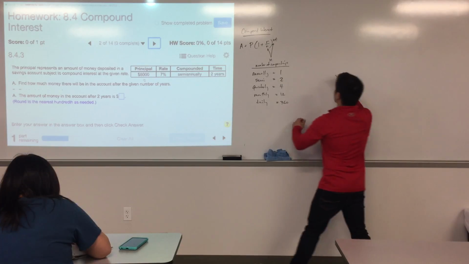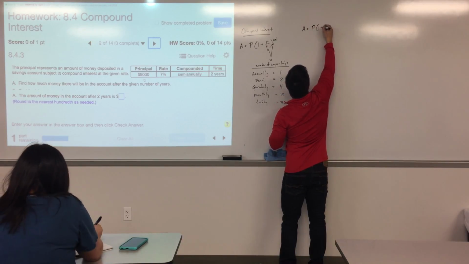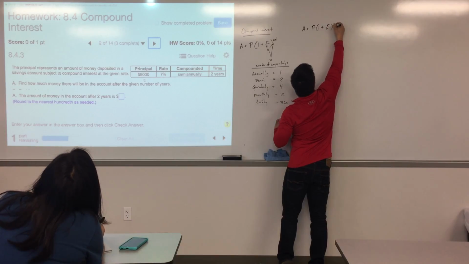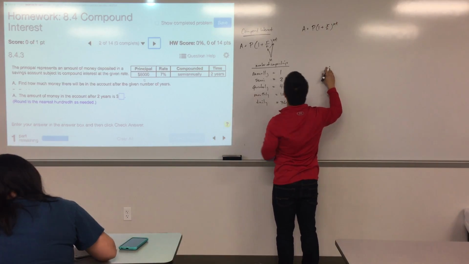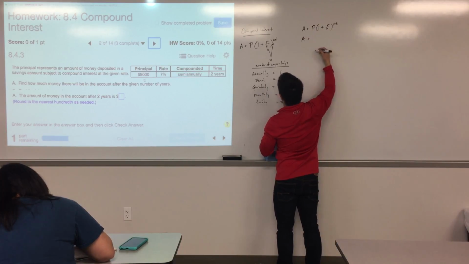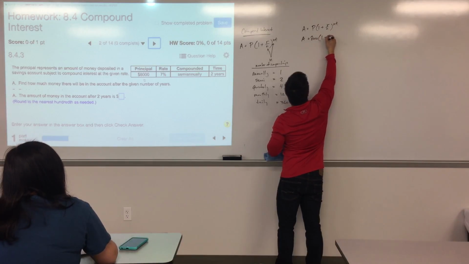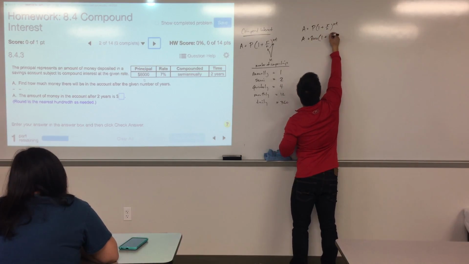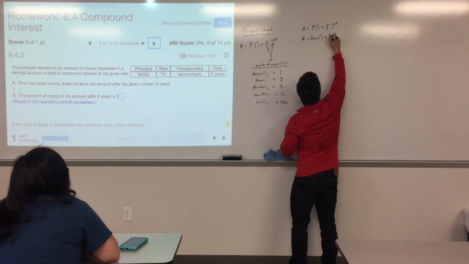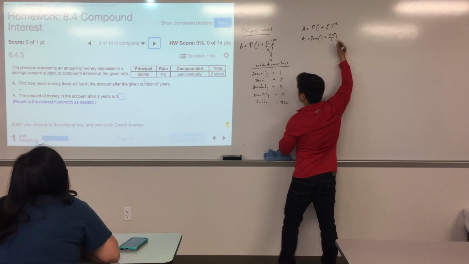Okay, so to get started, A equals P(1 + r/n)^(nt), because we're looking for the future value, right? And so our future value is going to be $8,000 times (1 plus the interest rate, not 7 but 0.07, divided by 2 because your n is 2.